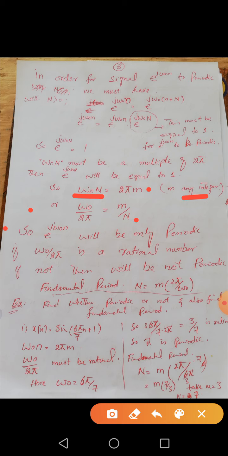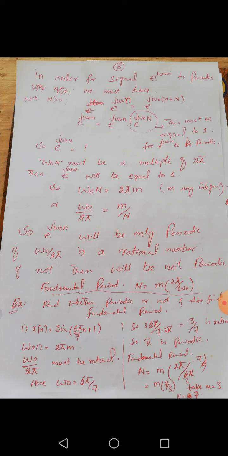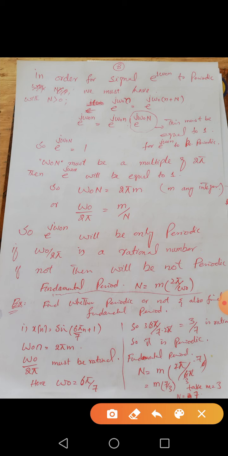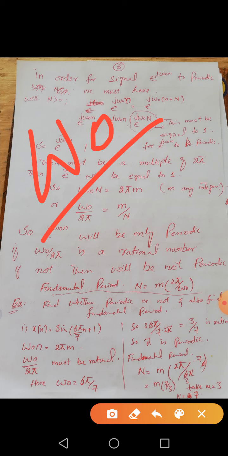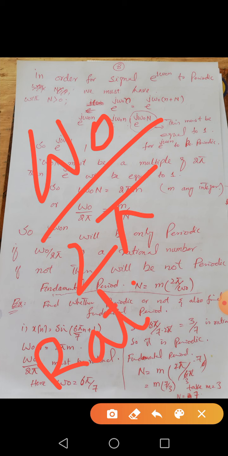So e power j omega naught n will be periodic only if omega naught divided by 2 pi is a rational number. If not, then it will not be periodic. So it is a very important property to check whether a discrete time complex exponential signal or discrete time sinusoidal signal is periodic or not. If omega naught divided by 2 pi results in a rational number, then this signal is periodic.